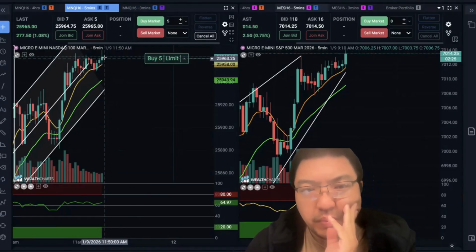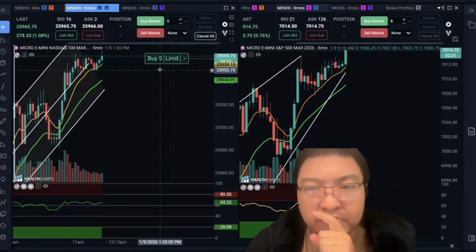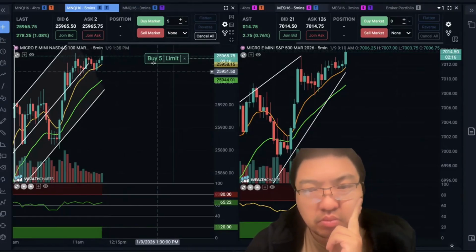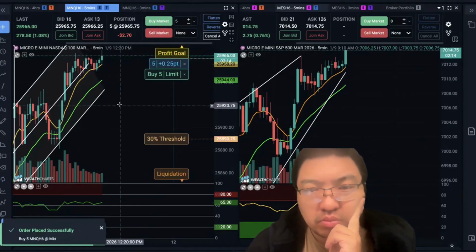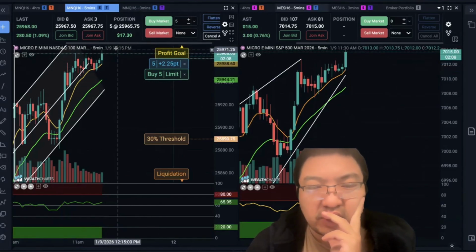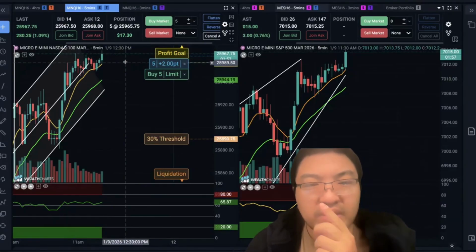ES has broken out so much, and NQ is still hesitating, so I just add this, and I'll probably drag my stop loss complementary order somewhere here.